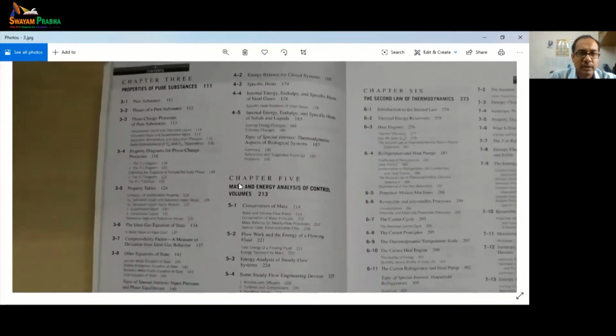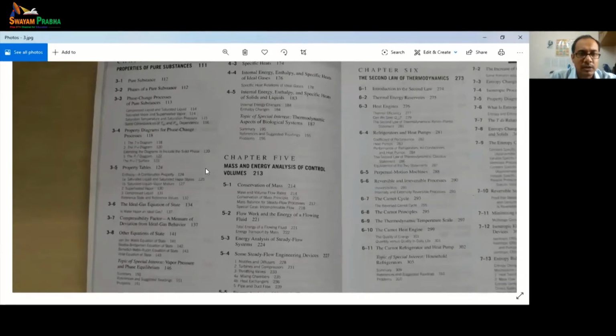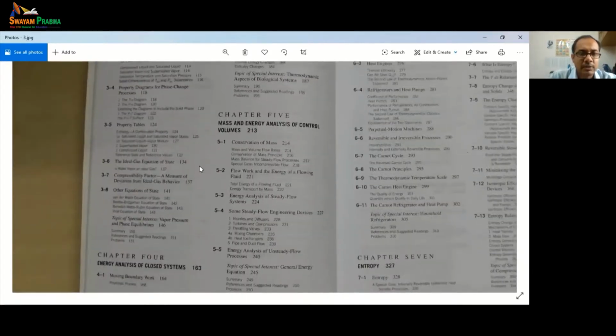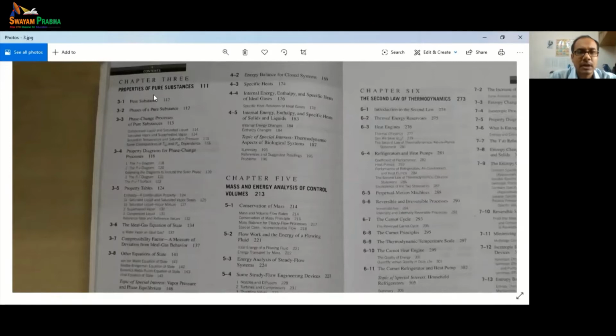As you have learned in the chapter, pure substances play an important role in thermodynamic analysis, and mainly we will talk about water, a few gases, and the refrigerant R134a. Today we will take a few problems from this third chapter and try to solve them step by step.